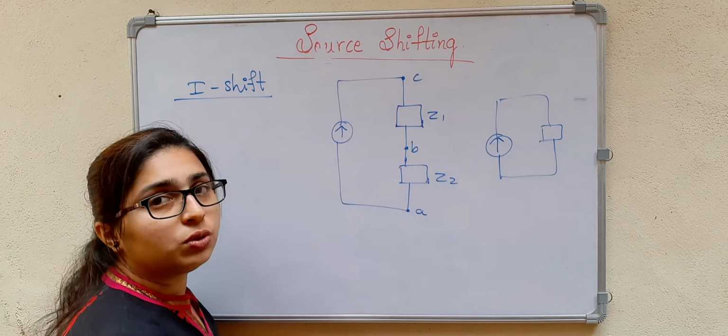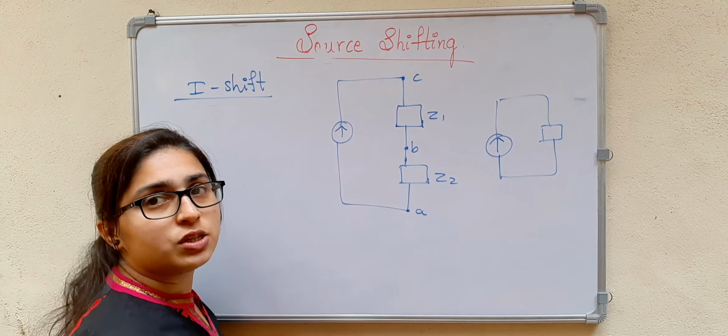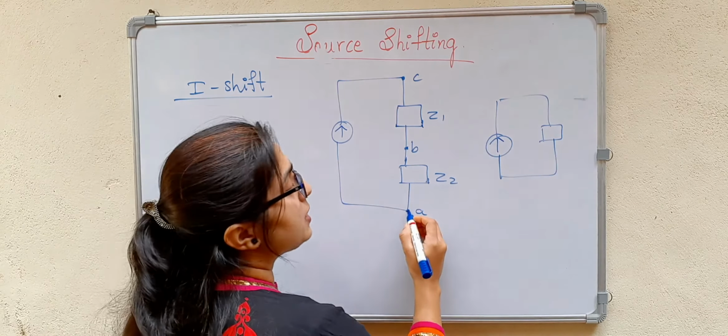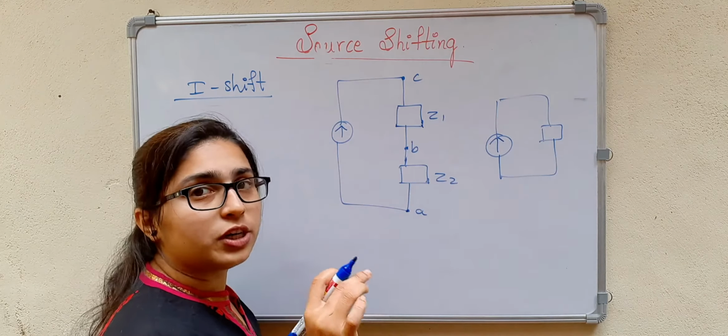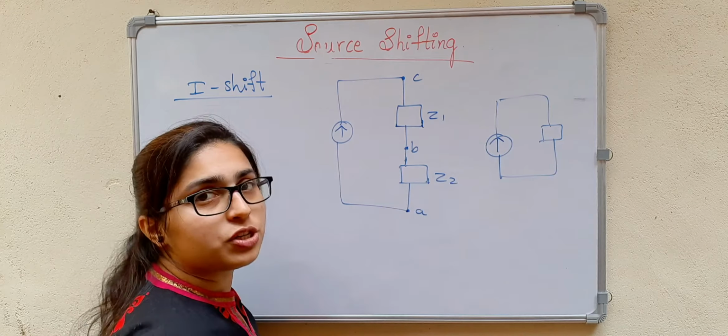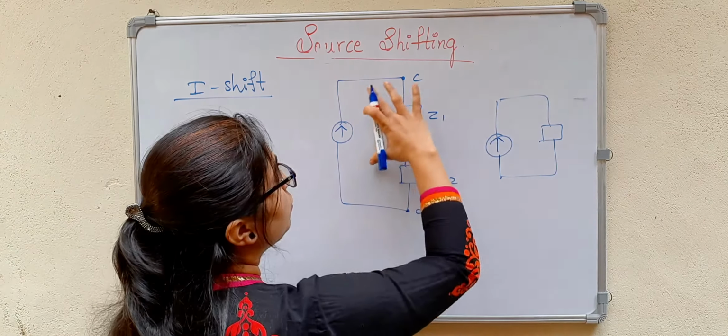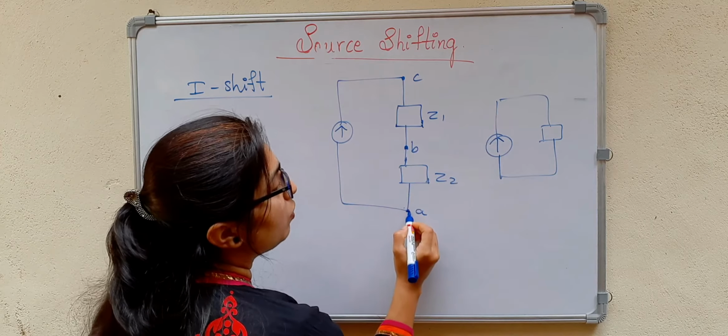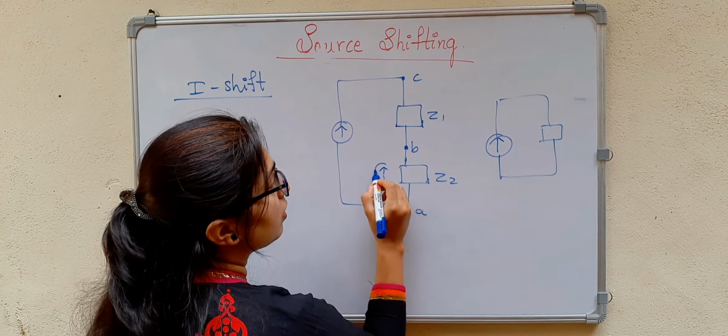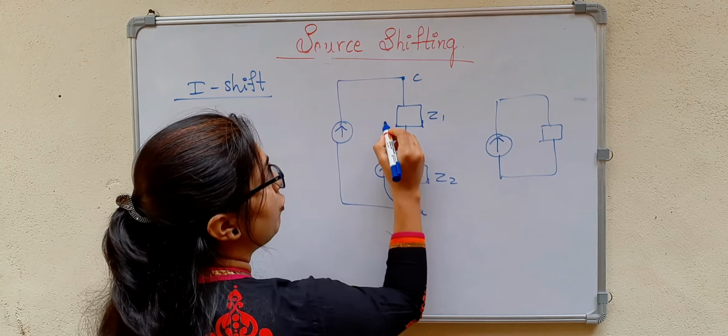So what I will do is I will shift this current source now. Means current at each node should be the same before and after shifting. So now what I will do, I can take this node. First I will transfer the source here and from here to here.